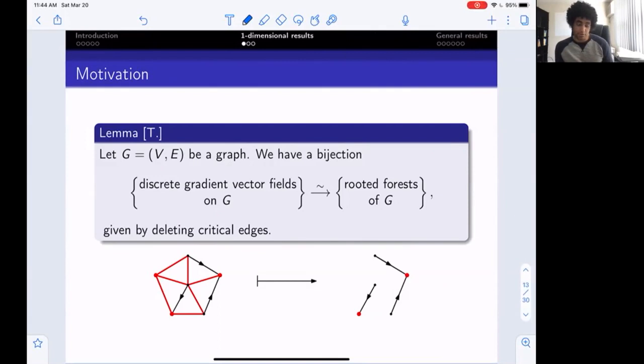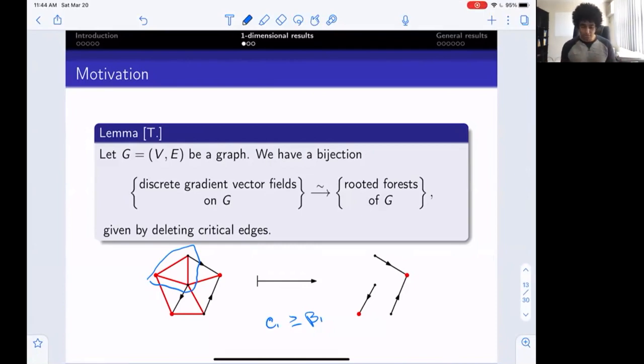Recall that the weak Morse inequality had the condition that C1 is greater than or equal to the first Betti number. That essentially says that if you restrict your view to any single cycle in your graph, you're necessarily going to have a critical edge on it. So if there's a critical edge on every single cycle of your graph, then if you delete all the critical edges, you're necessarily left with a forest, a bunch of discrete trees.